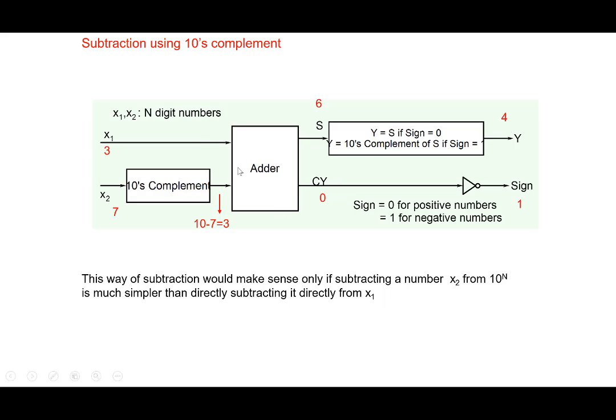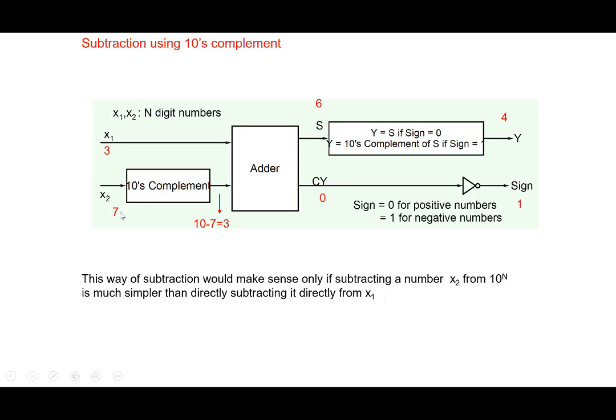So you don't have to build a separate system or circuit for doing subtraction. If you have a circuit for doing addition, you can use that circuit for carrying out subtraction also, provided the number you're trying to subtract is represented in tens complement. Obviously you may be thinking that you're trying to subtract 7 from 3, but to do that you're also subtracting 7 from 10.